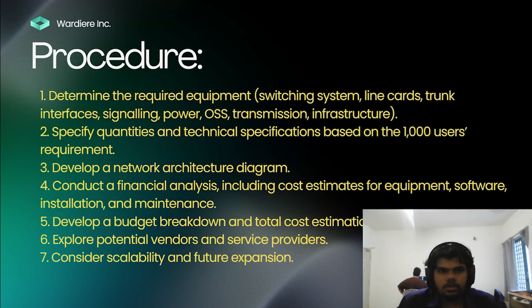Fourth, we need to conduct a financial analysis, including cost estimates for equipment, software, installation, and maintenance. Fifth, we need to develop a budget breakdown and a total cost estimation. Sixth, explore potential vendors and service providers. Last but not least, we need to consider scalability and future expansion.